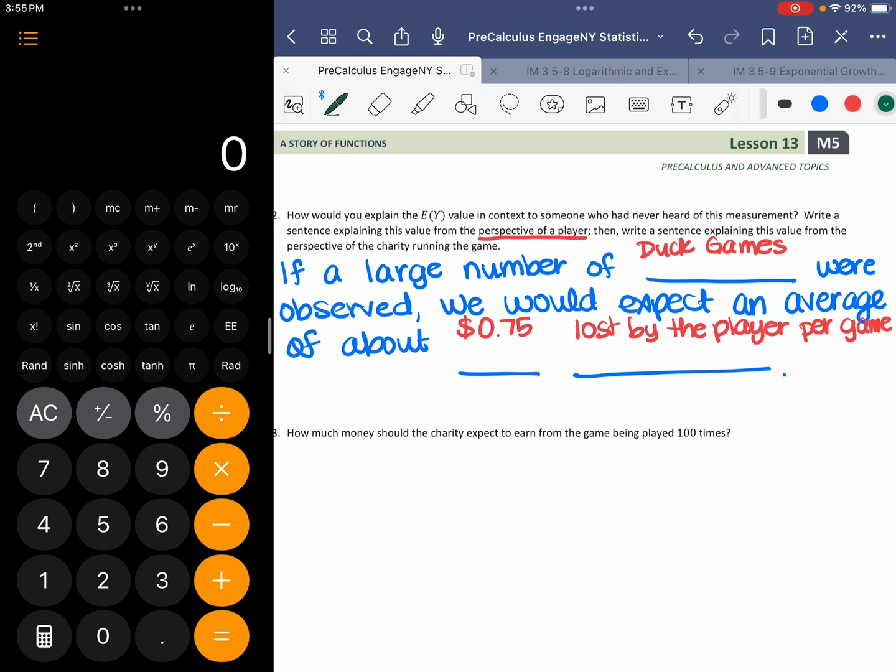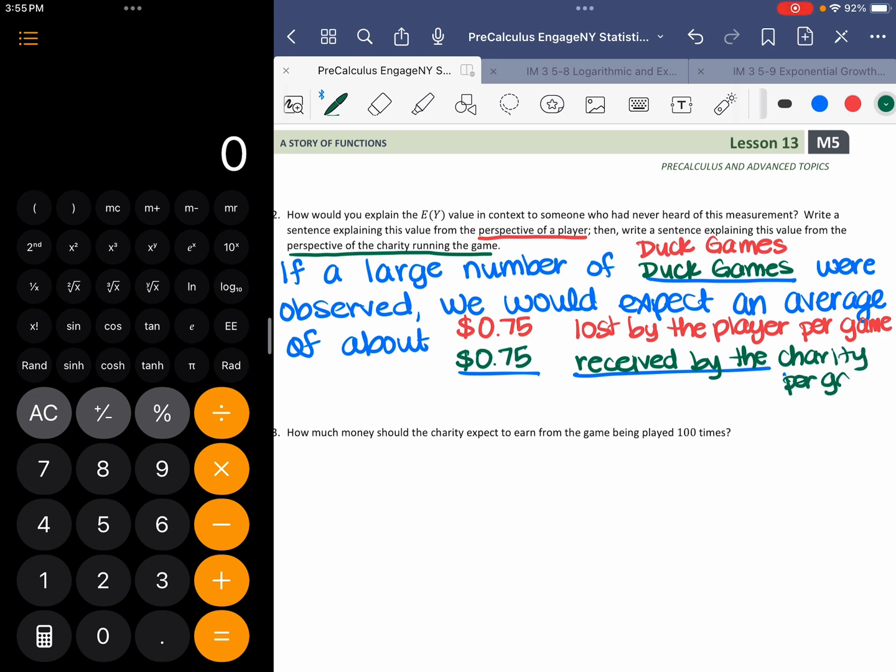But if I'm writing this from the perspective of the charity running the game, I might say if a large number of duck games were observed, we would expect an average of about 75 cents, not lost by the player, but won by the charity, or received by the charity, per game. So it's all a matter of perspective.